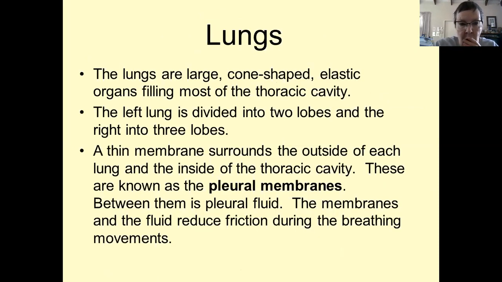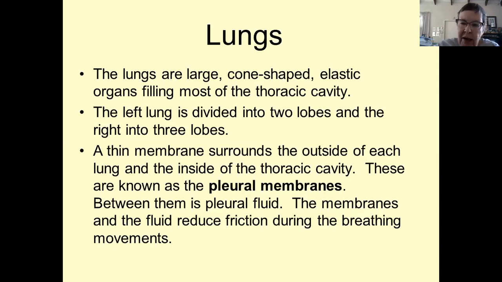Okay. All right, so what are lungs? They're large, sort of cone-shaped, very elastic, and they fill most of the thoracic cavity. I'll show you a picture just now that shows that in between the two lungs is a little cavity in which the heart is situated.